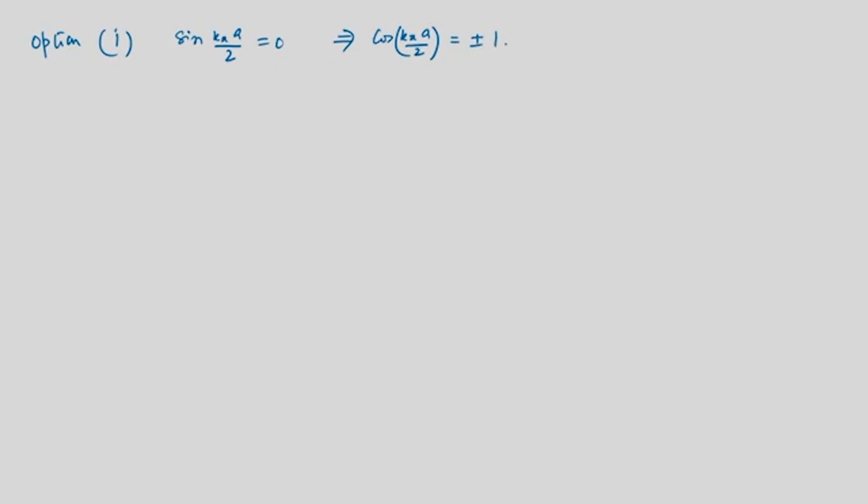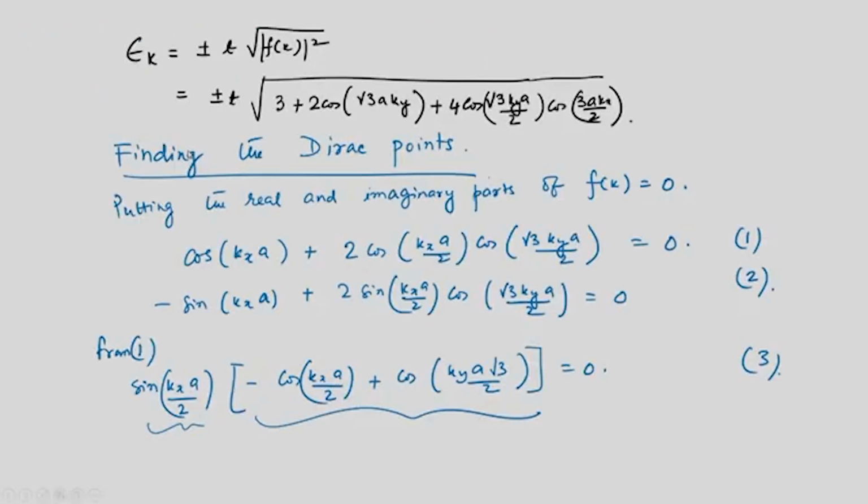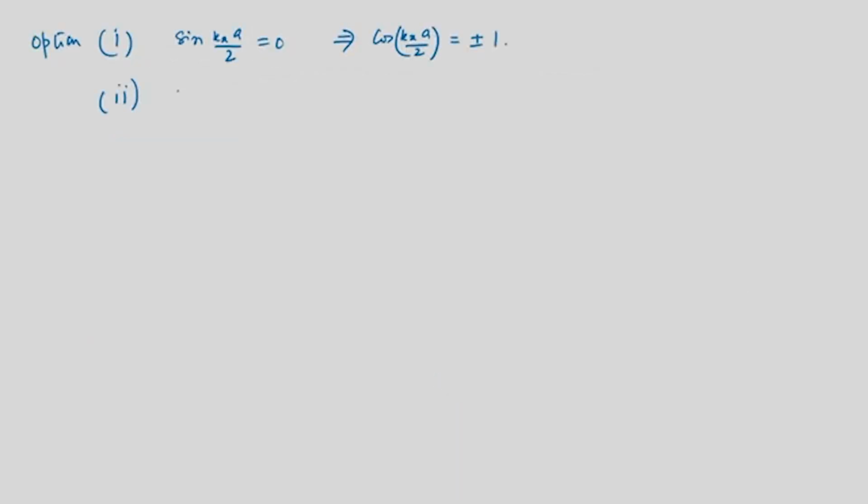Option 2 is when the bracket is equal to 0, which means that cosine(k_x a/2) equals cosine(k_y a root 3/2), that is, cosine(root 3 k_y a/2). Okay. So, we look at option 1.